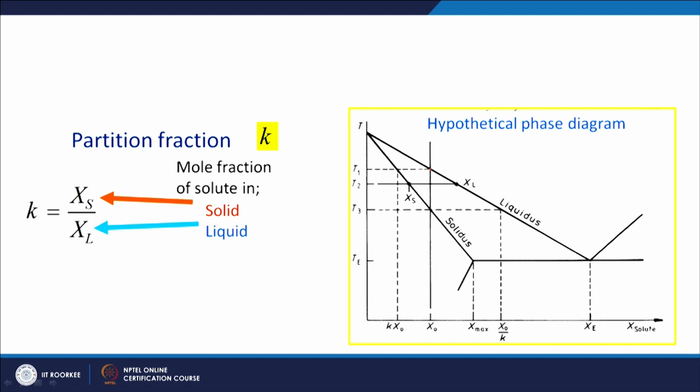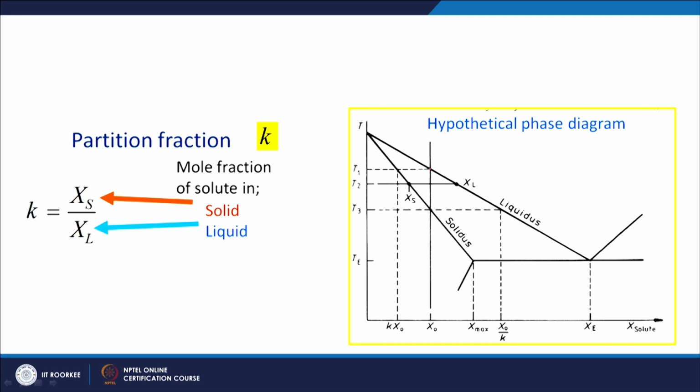When it crosses this liquidus line at temperature T1, the solidification will start. The first solid which is going to form, you already know, we can plot a tie line wherever it is cutting the solidus curve, and that will be the composition of the solid. So this is the first solid to form.